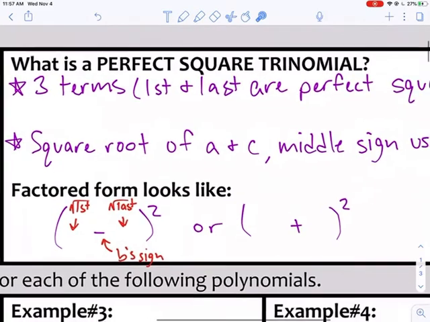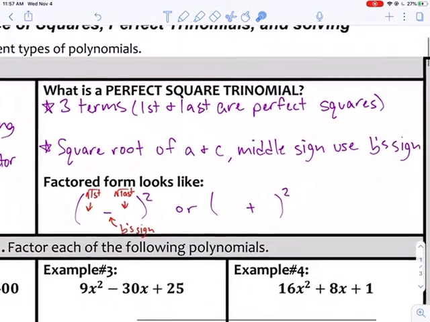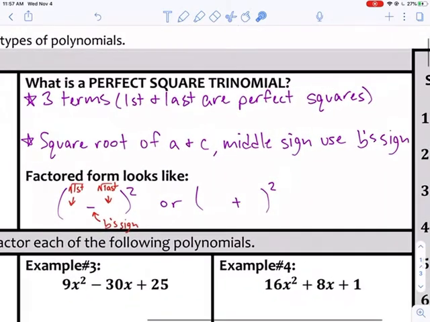Then we jump into a perfect square trinomial. All right, so a perfect square trinomial is three terms, based from the trinomial. And the first and the last have to be perfect squares. So this is how you're going to find that one. You're going to see a perfect square on the first, you're going to see a perfect square on the last, and we're going to just take the square root of those perfect squares, and then we can always just use B's sign for the middle.